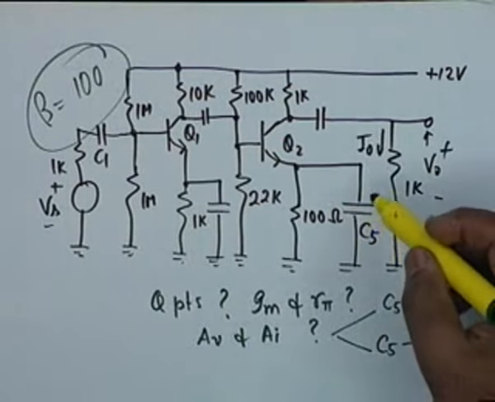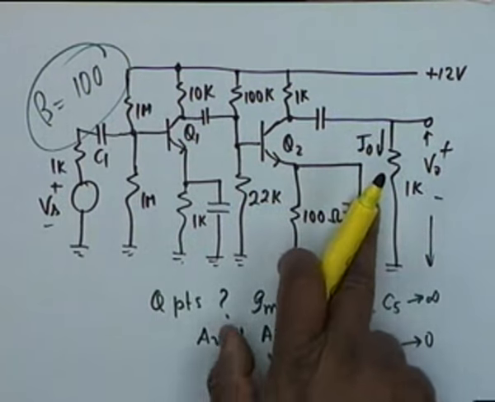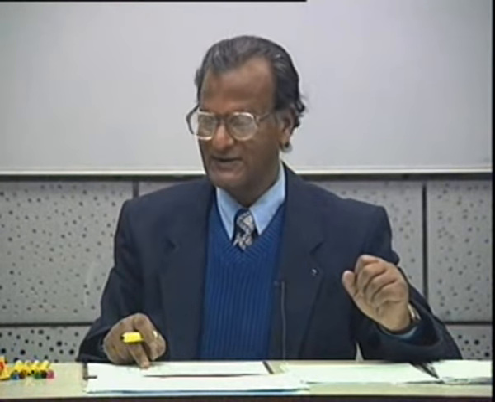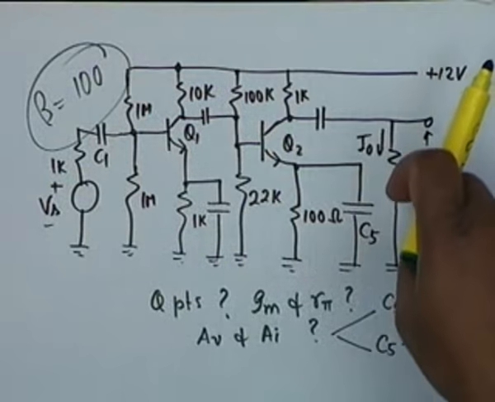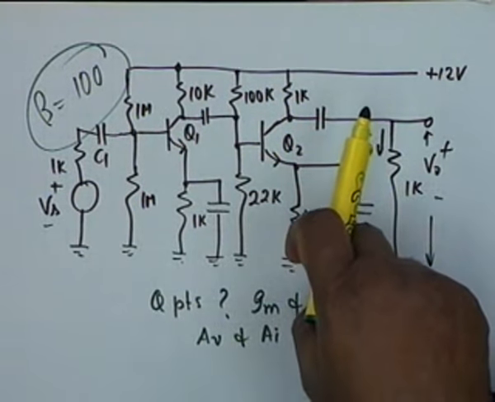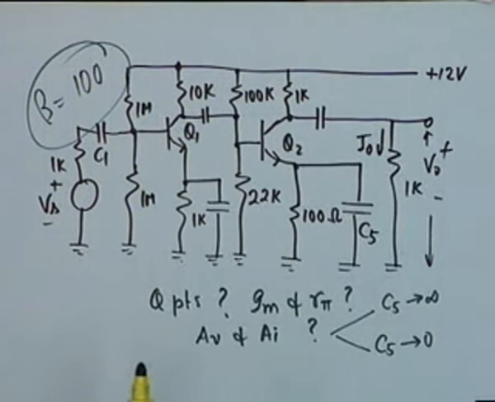The question is, if C5 is 0, if it is not bypassed, what will be approximately the gain of this stage? 5. 5 is the correct answer. It is -5. Negative of effective RL, 1K and 1K in parallel, 500 ohms, divided by RE, which is 100, so 5. You should not expect a gain greater than 5 from here if C5 tends to 0.